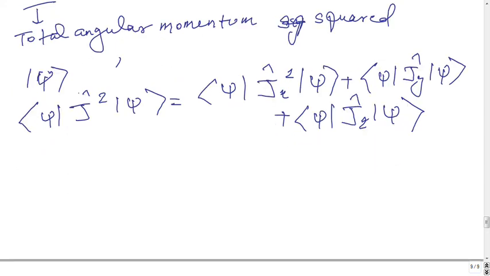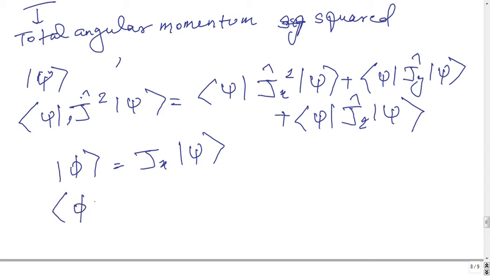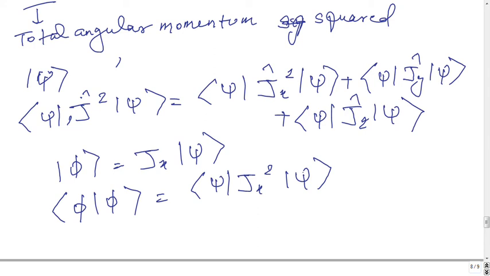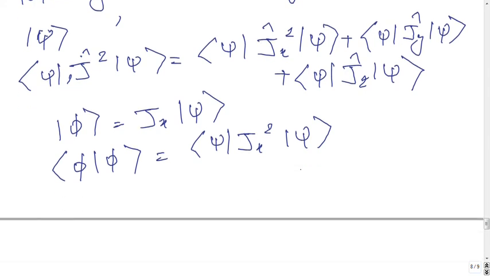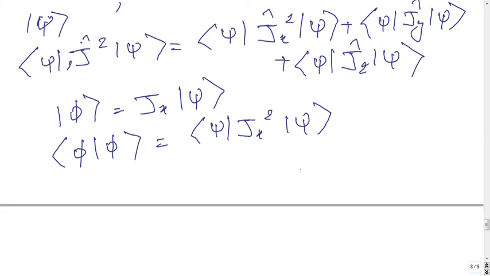Now if I let phi be Jx xi, then the inner product of phi with itself would be xi Jx squared xi, and we know that the inner product of any vector with itself has to be a non-negative quantity.